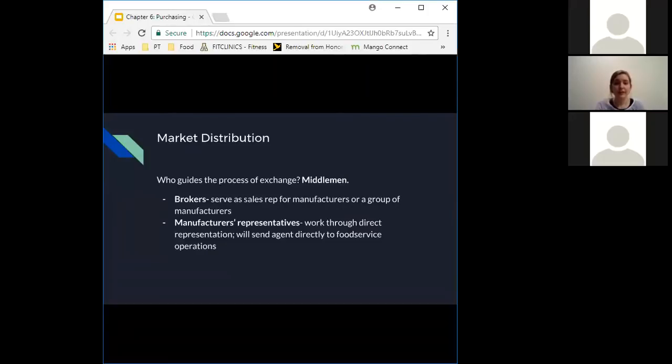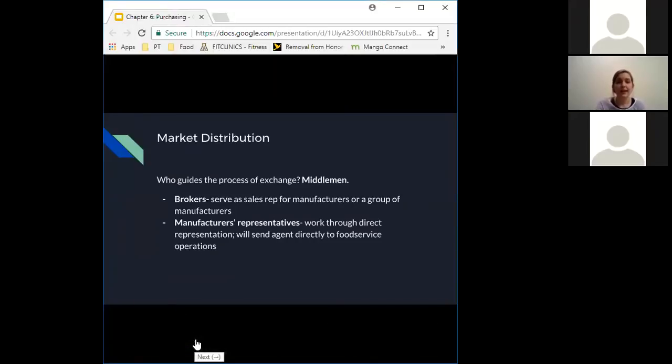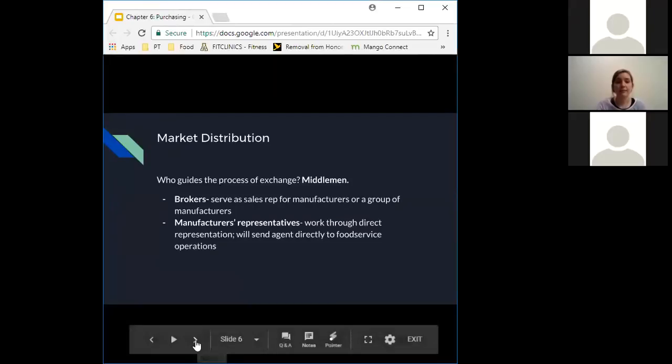They're paid on commission by the manufacturers, often a percentage of the product sold to distributors or directly to the end user. They make money on volume moved, so they mainly work with large food service and distribution companies. Manufacturers' representatives may visit a food service to introduce a new product and provide samples.